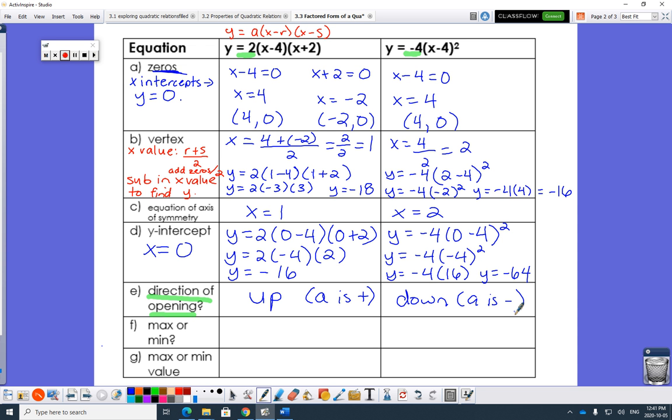So even when you have to do max or min, even do a quick sketch: if it opens up, then that's the lowest or minimum. If it opens down, that's the highest or max. Because you have a 50-50 chance, right? It's either one or the other. And then this is the y value of vertex.